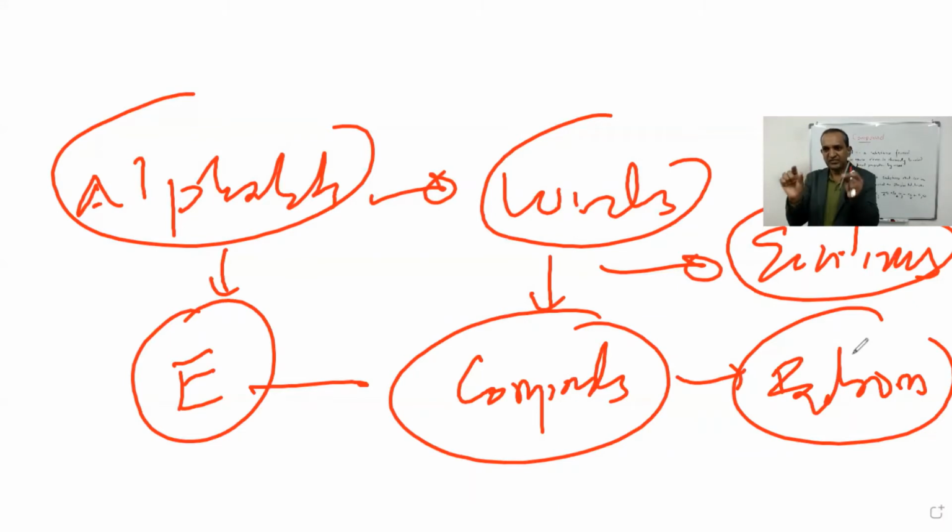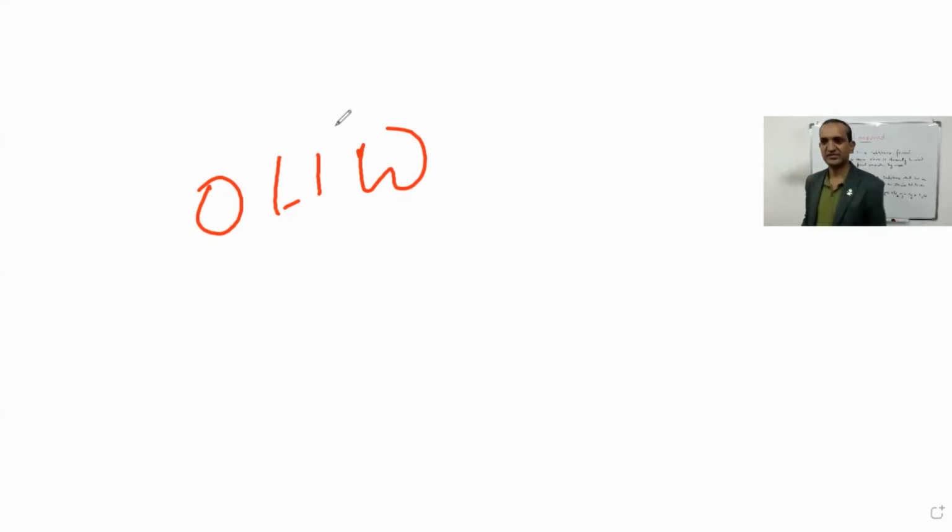Now, if you keep this in your mind and then think about the way the language is constructed, let me start with some alphabets of chemistry. O, W, H. So I have given you 3 alphabets. You are now required to find out a meaningful word.